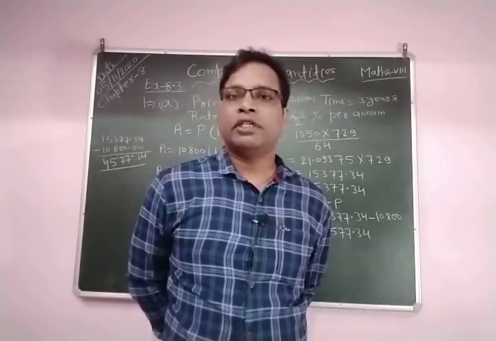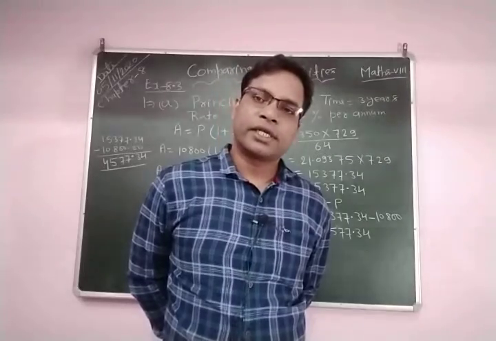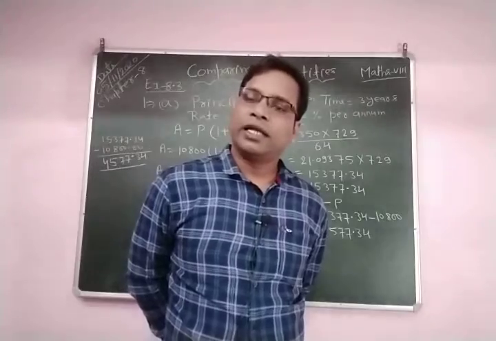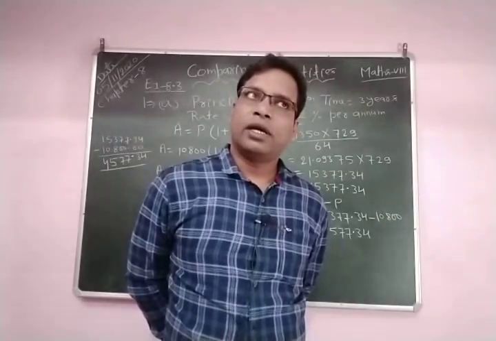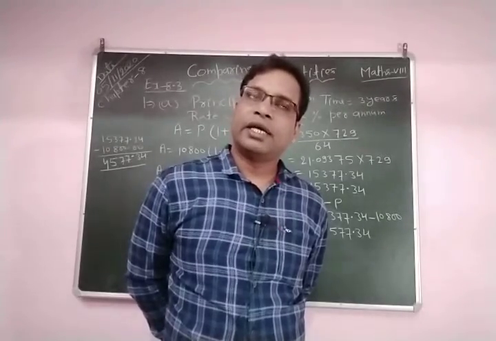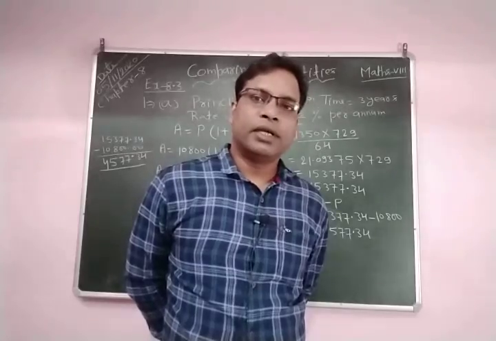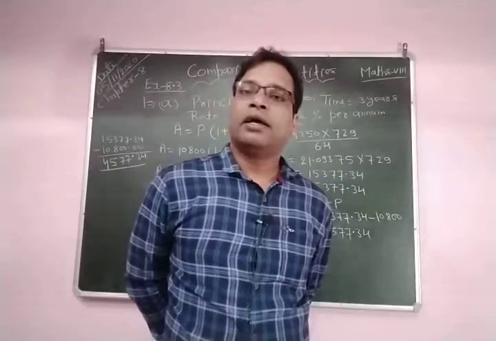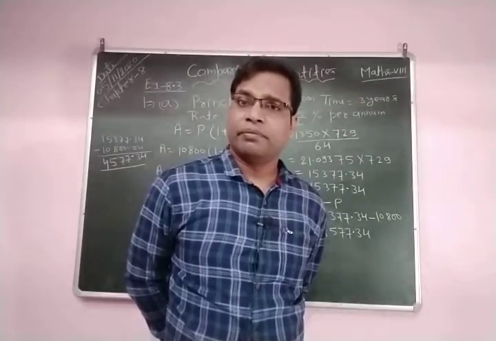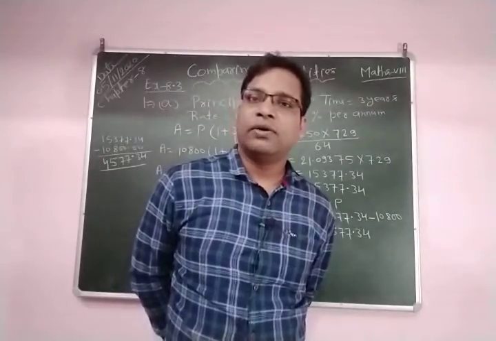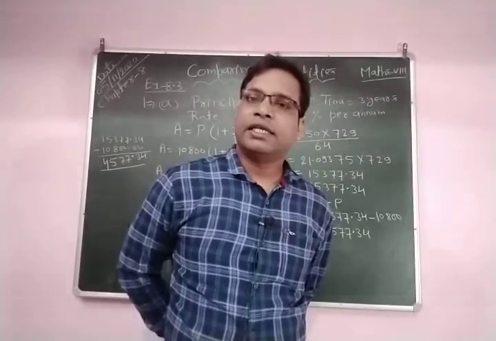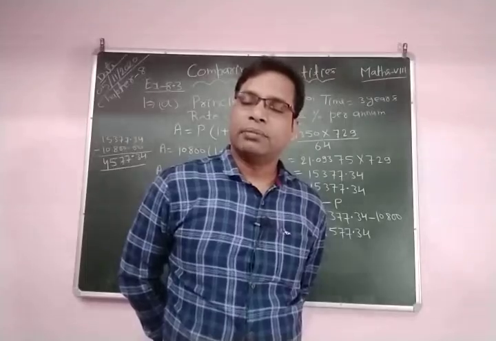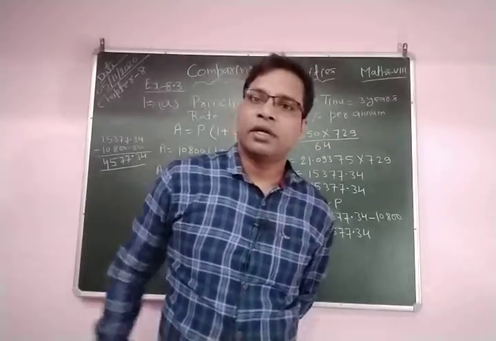This amount becomes the principal for the second year. After this we find the interest again on this principal, and add this interest to the second year principal, and this amount becomes the principal for the third year. Okay, so we find the amount and compound interest in 3 steps. So let's see how to find it.